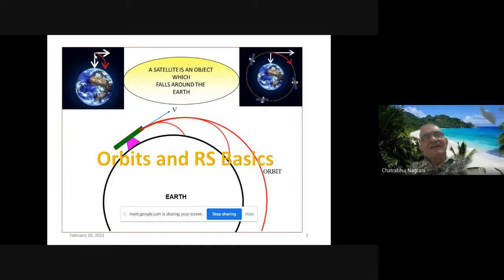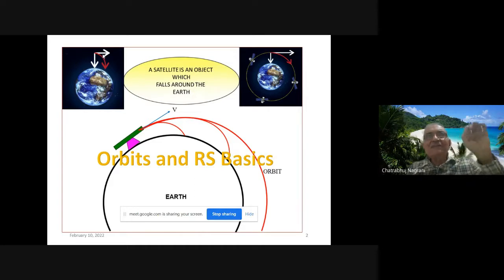So you release at perigee, whether it is a geosynchronous geostationary satellite or a remote sensing satellite. For remote sensing satellites, because it is a circular orbit, perigee and apogee are the same. So you release it at 500, 600 kilometers, but it is a circular orbit, but still it is perigee.